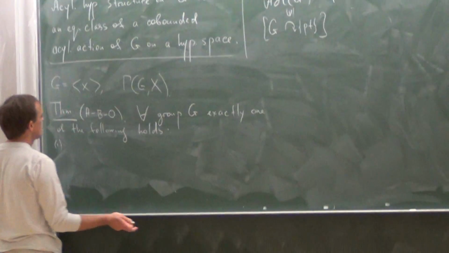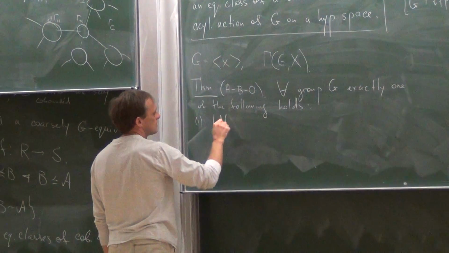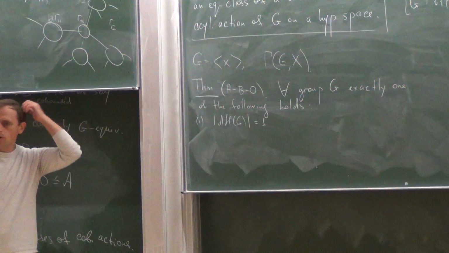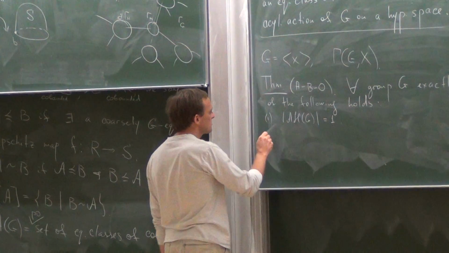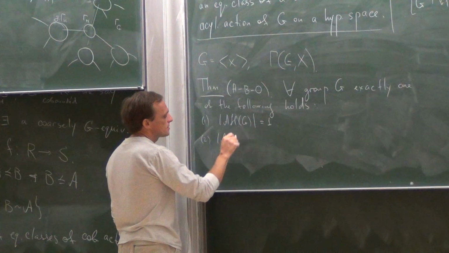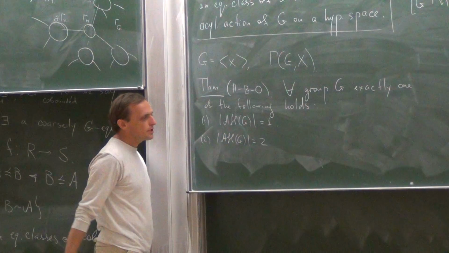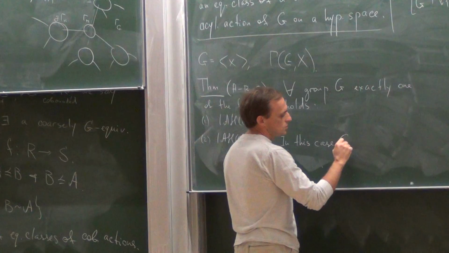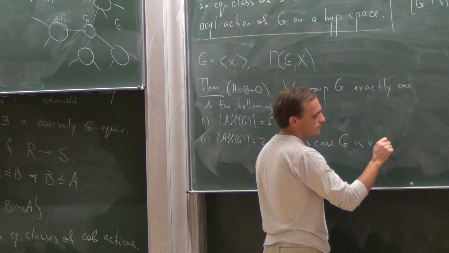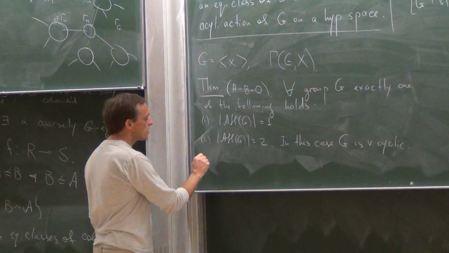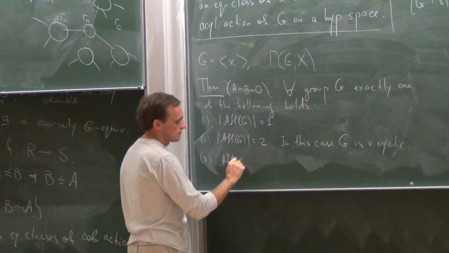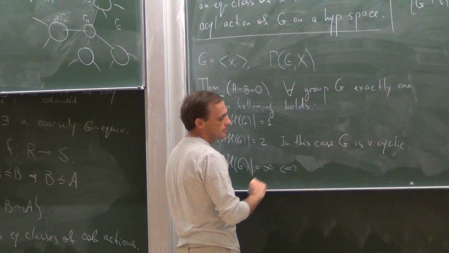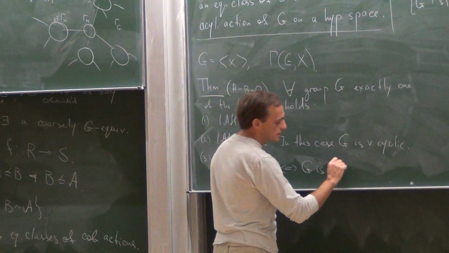Now for every group, exactly one of the following holds. Either the cardinality of this set is exactly one, in which case all acylindrical actions of this group have bounded orbits, or the cardinality of this set is 2, in which case G is virtually cyclic, or the cardinality of this set is infinite, which is equivalent to G being acylindrically hyperbolic.